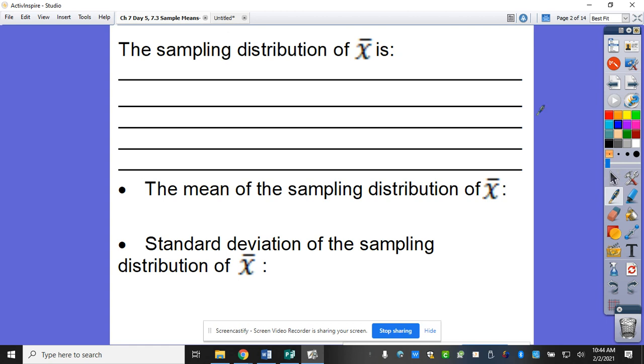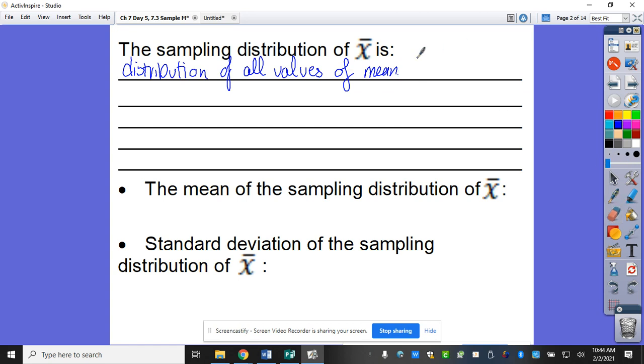So relating that, this is the distribution, and I want to write it the exact same way, of all values. Each one of those dots for a sampling distribution of x bar is going to be a what? A mean. So, distribution of all values of the means, I'm going to say mean in context.